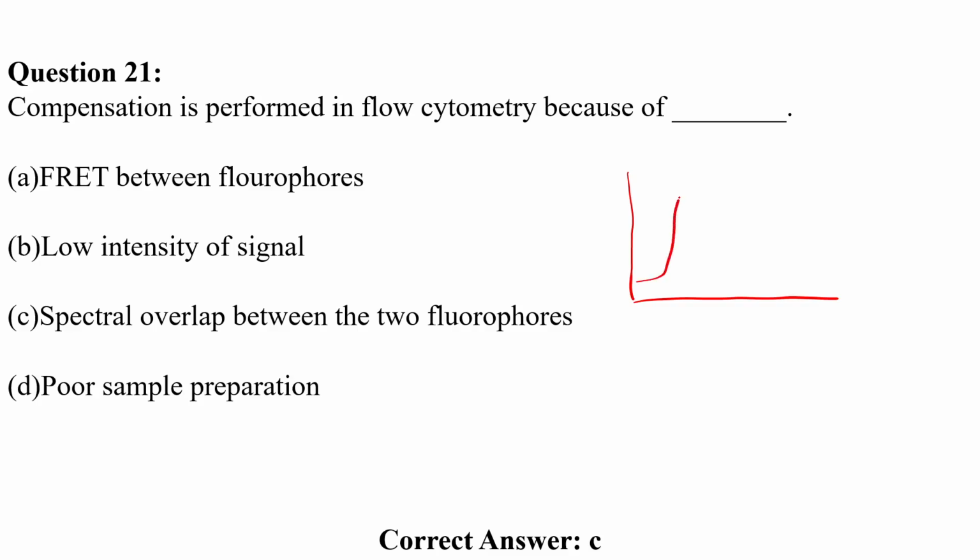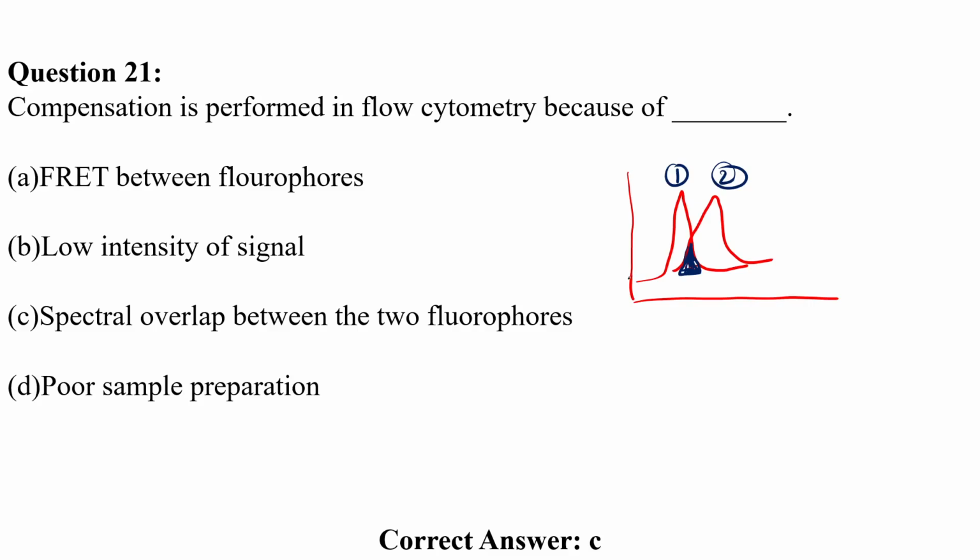Say we get the data for one fluorophore signal here, and the second fluorophore signal overlaps with the first. This region, marked in blue, is basically an overlap region. This will give us false data, because the cells in this region could be part of the first fluorophore or part of the second. We won't be able to differentiate.